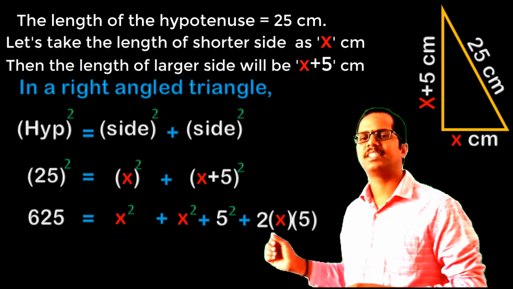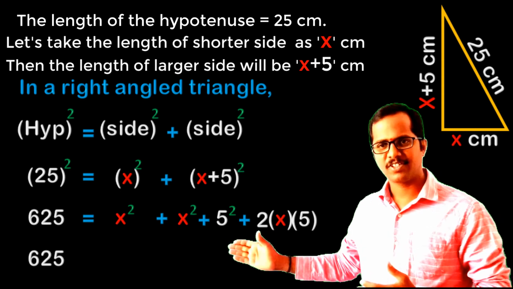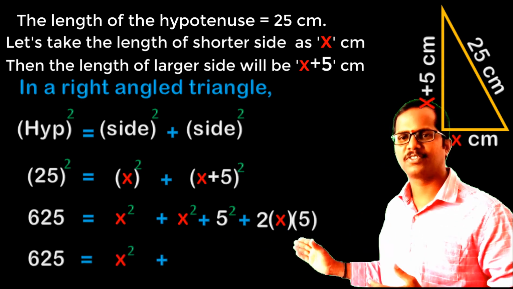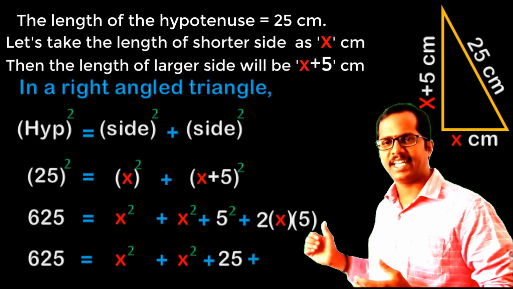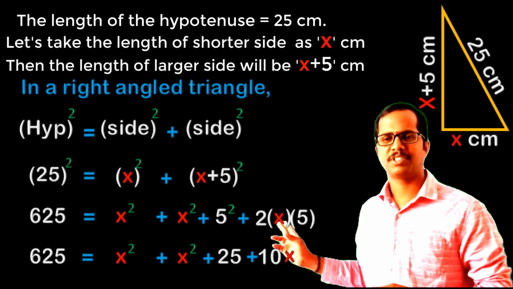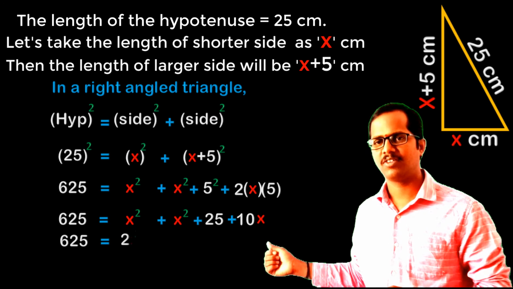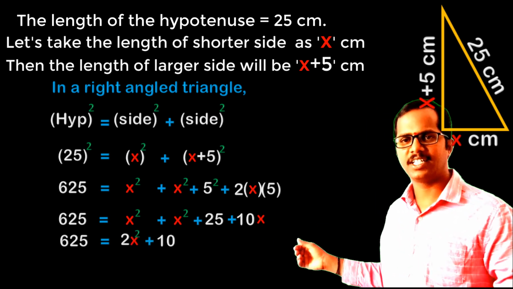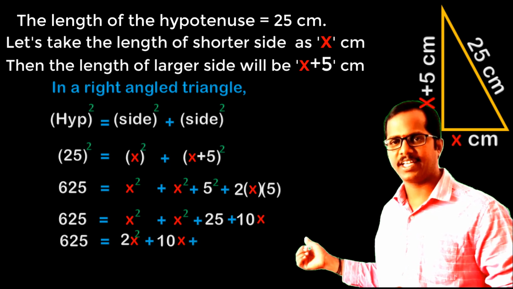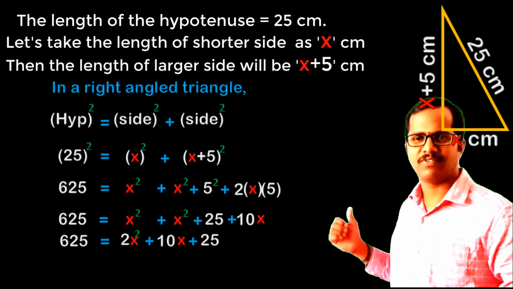By simplifying again we get 625 equals x square plus 25 plus 10x. Now x square plus x square becomes 2x square, then the next term 10x plus 10x, and plus 25.